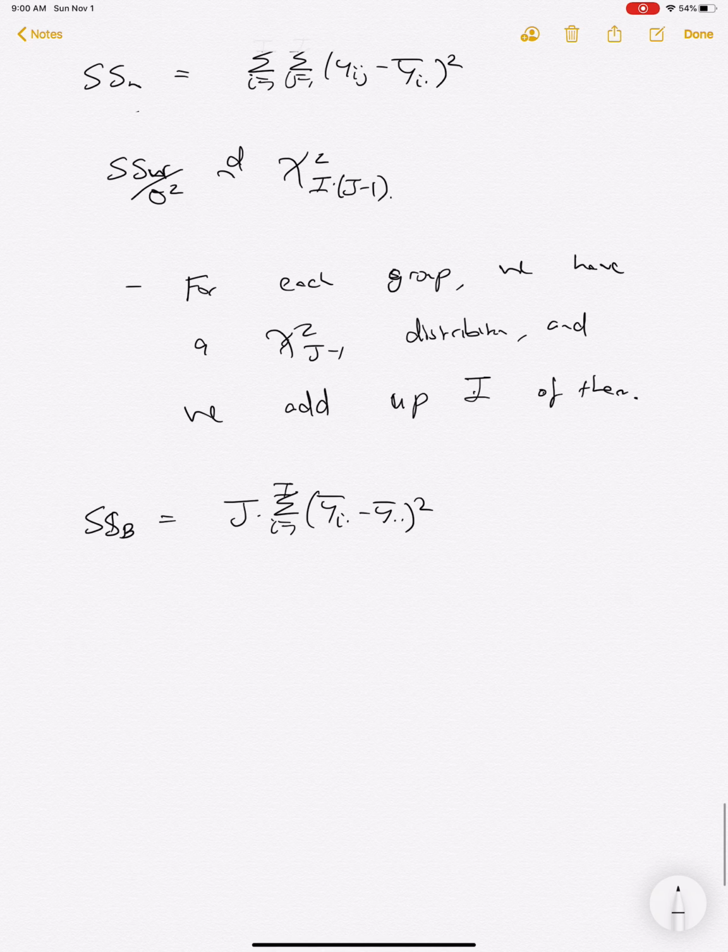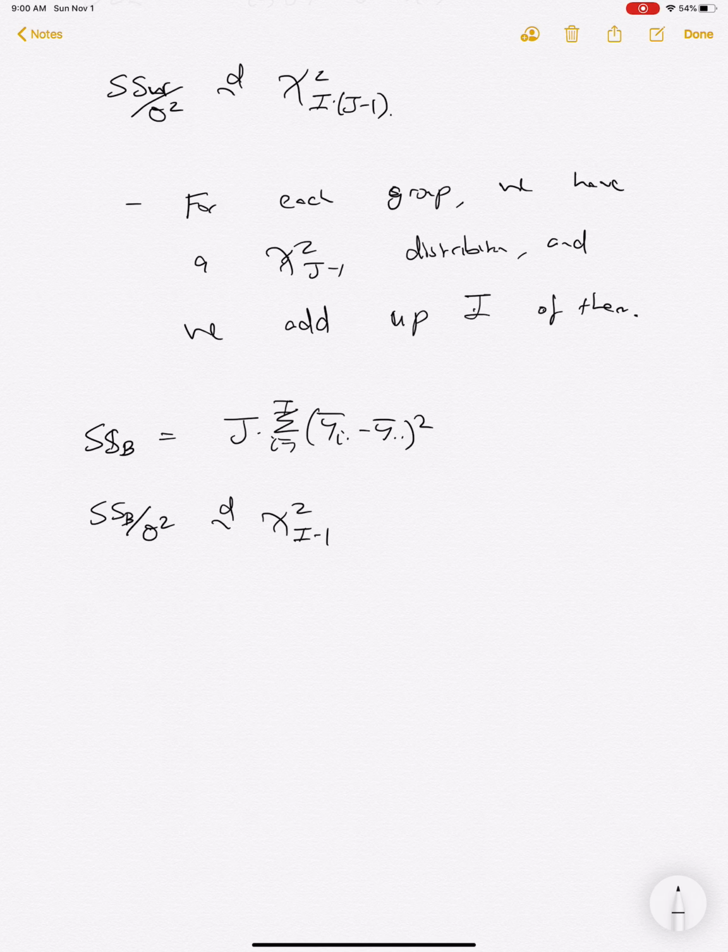You can also show that SSB over sigma squared is going to have a chi squared distribution with I minus 1 degrees of freedom.